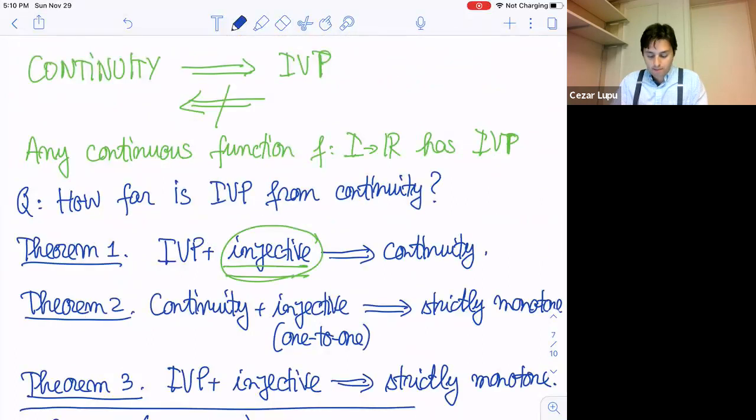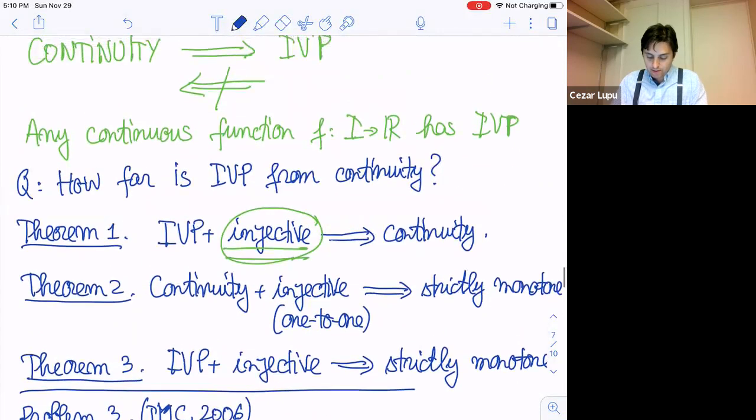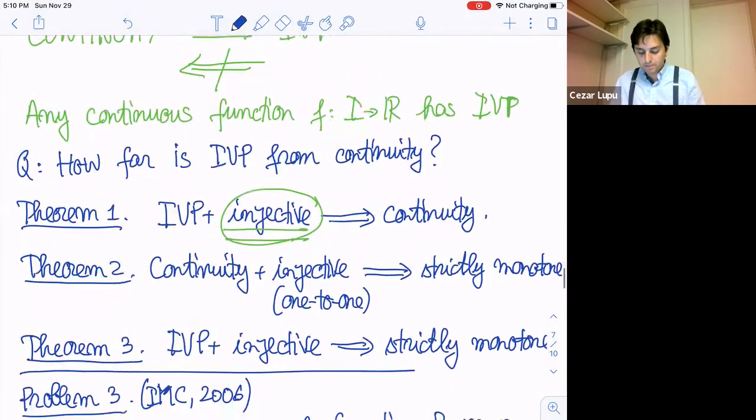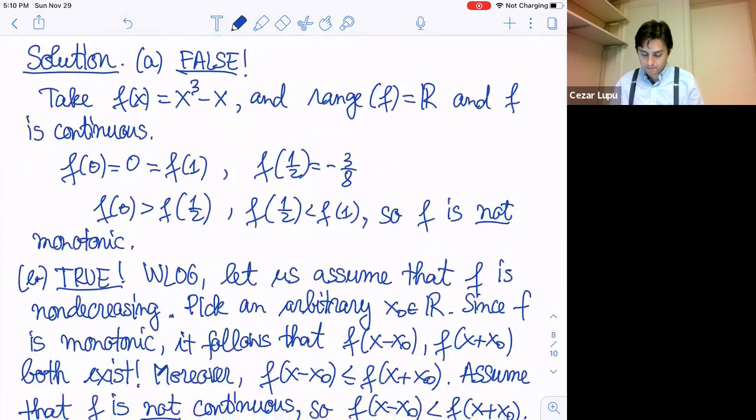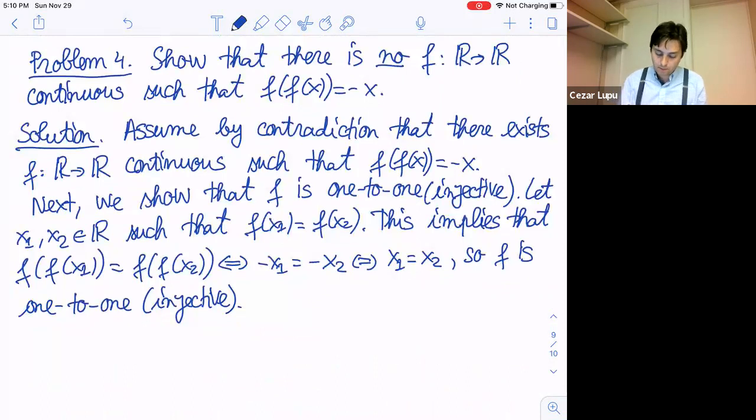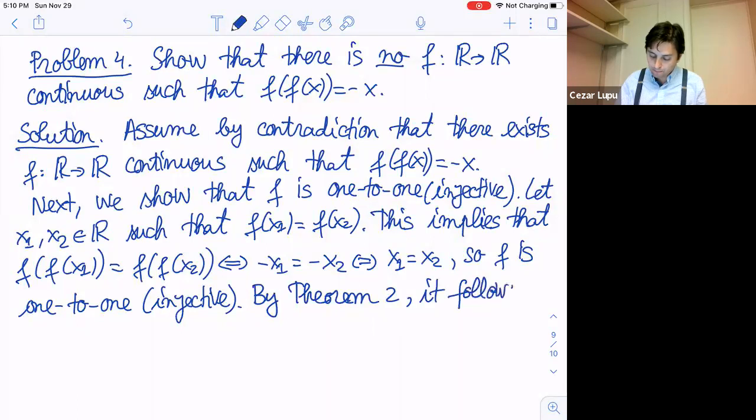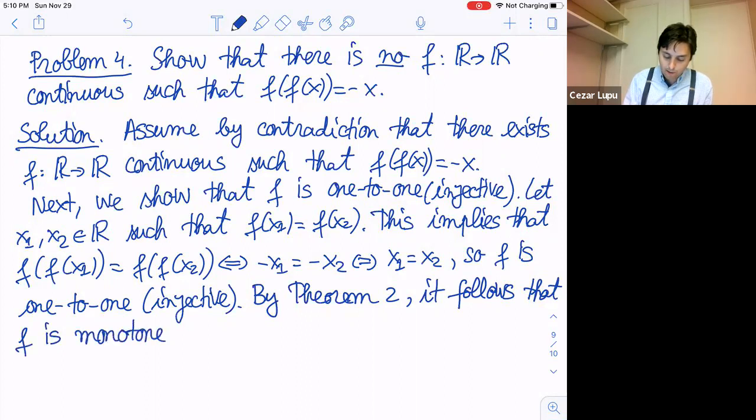Continuity and injectivity, by theorem 2, it follows that f is monotone. When I say monotone, I mean strictly monotone.